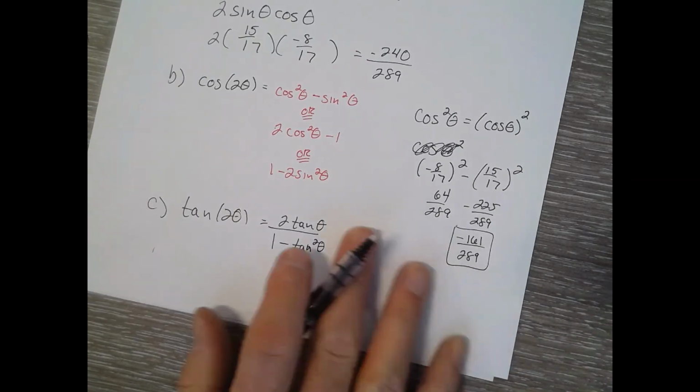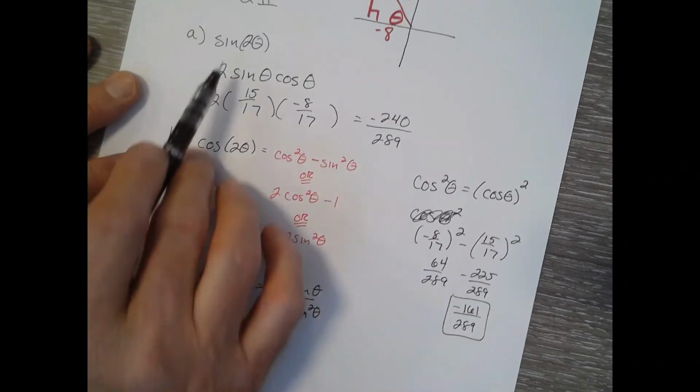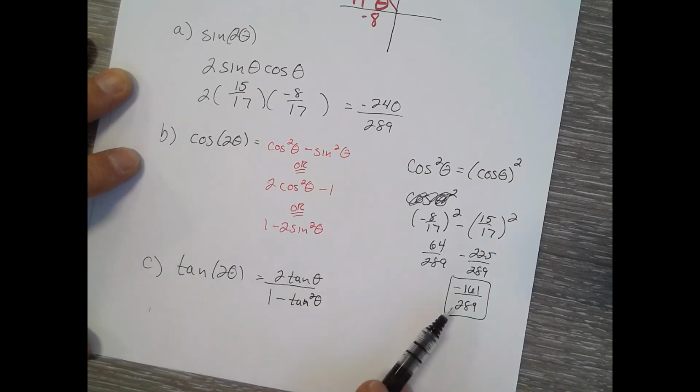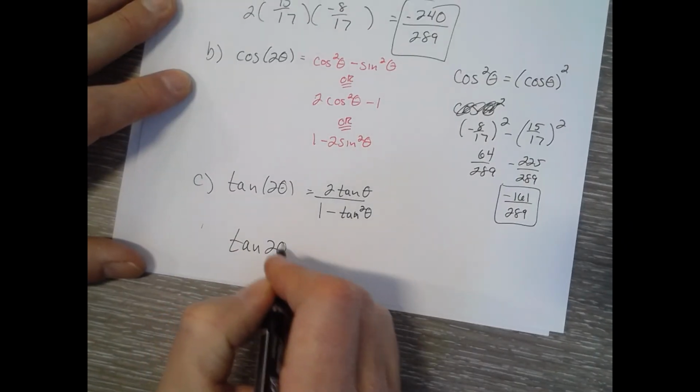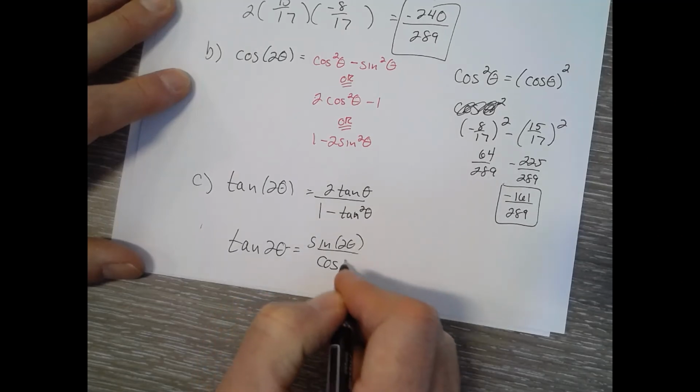You can do it just using the identity, but the fact that we already know what the sine of 2 theta is, and we know what the cosine of 2 theta is, the tangent of 2 theta is equal to the sine of 2 theta over the cosine of 2 theta.